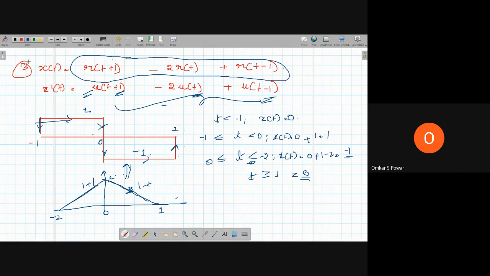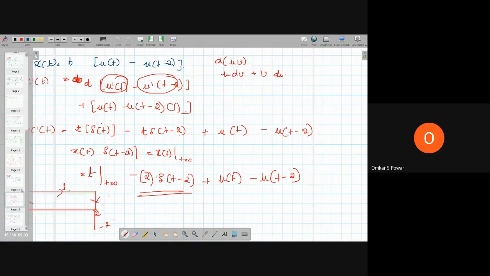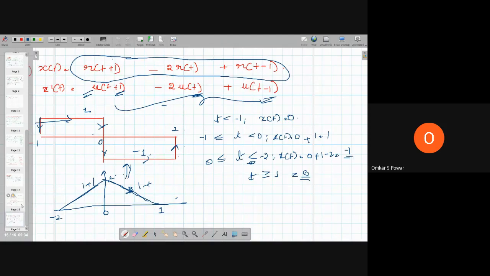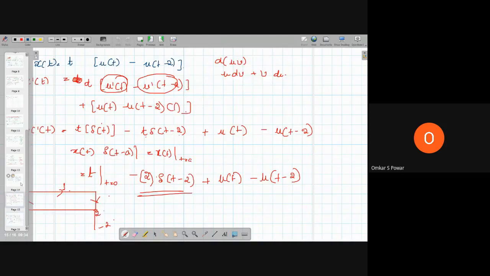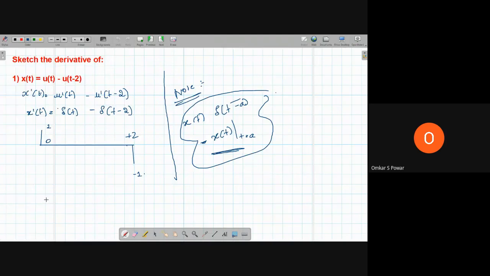So the intuition you have to get is that if you take x of t is equal to u of t minus u of t minus 2 and plot this, you get a unit step function.